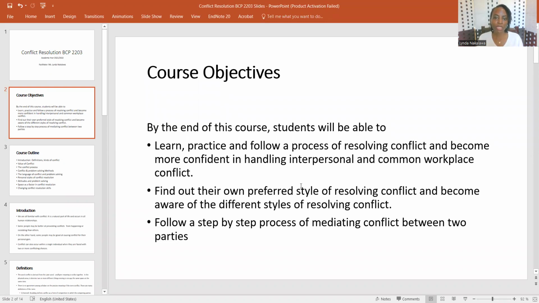So you will need to bring in the issues of conflict resolution. It might be within a school. Maybe you're the school counselor and there is a disagreement between some students, okay? And you need to bring them to a round table, or it might be a disagreement between members of staff and students. So you come in as a third party, you're the counselor, and you are trying to help them come to a common understanding.